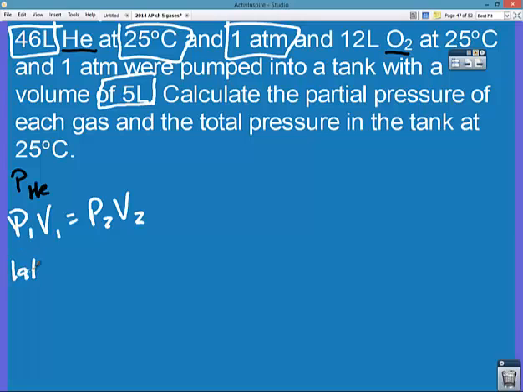So it was 1 atm. And when it was at 1 atm, it was 46 liters. Now that it's at 5 liters, we don't know our ending pressure.